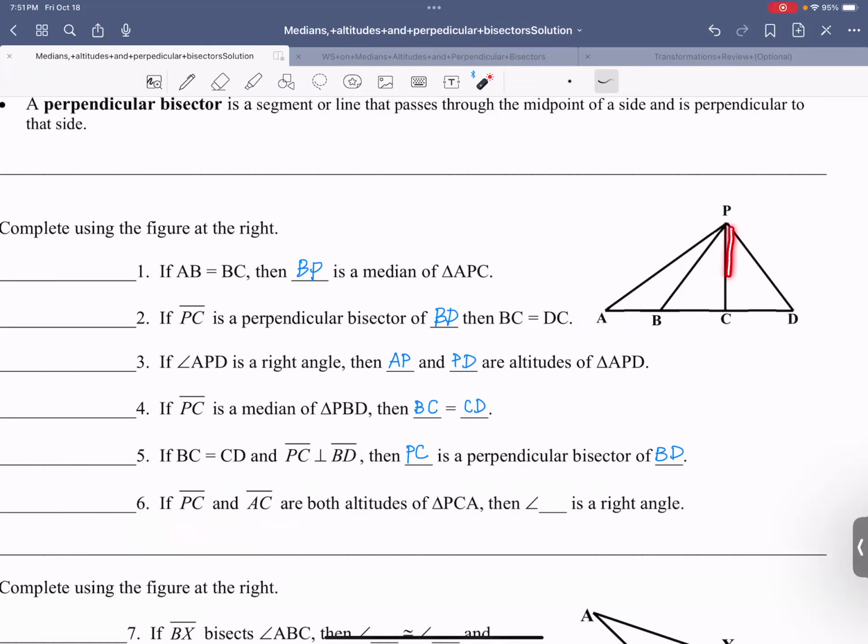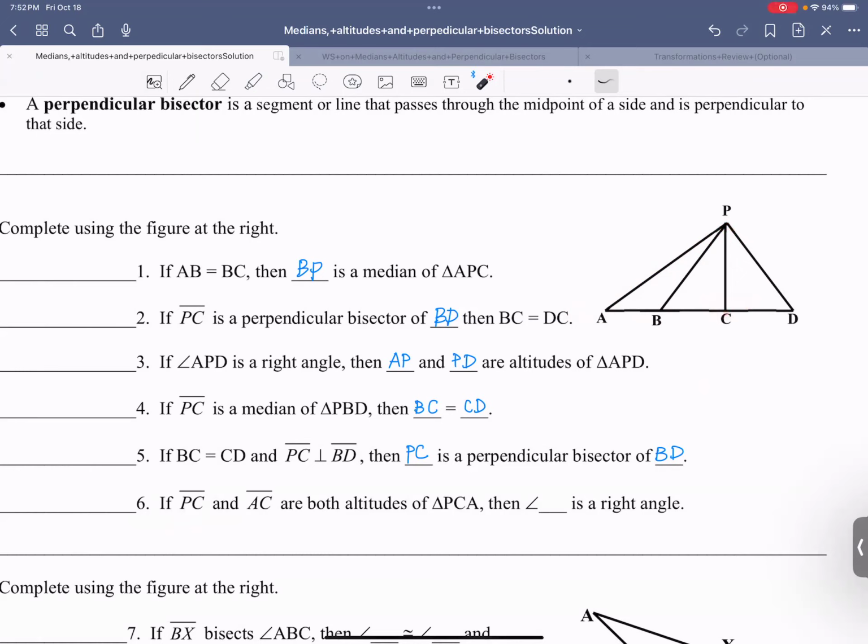If PC and AC are both altitudes of triangle PAC, then angle C is the right angle. When you only have one angle, you can say C. When you have different angles at this point, you cannot just use one letter, you have to use three letters.